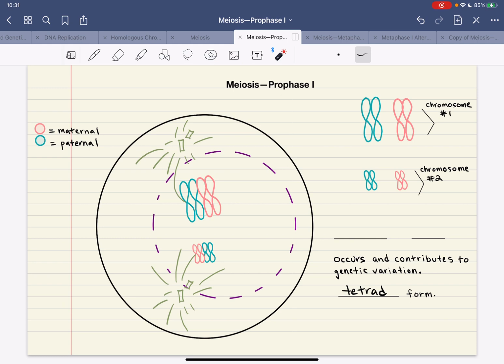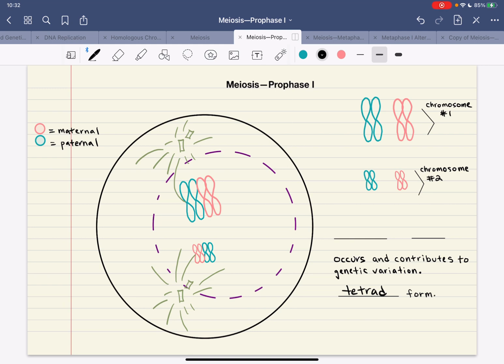Now, something happens when they come together, and it's an event that greatly shuffles up our genes, our alleles, at random. It's really kind of crazy that it works, because it sounds dangerous, but this happens in all species that are undergoing meiosis.